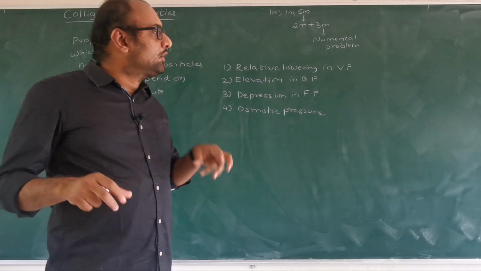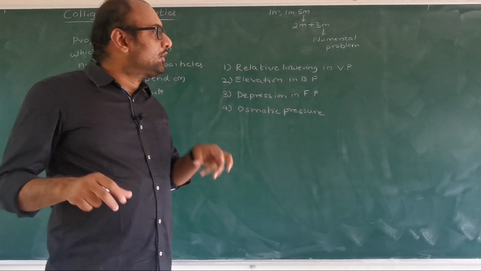It depends on the number of solute particles only. So again remember, relative lowering in vapor pressure is equal to the mole fraction of solute. So the colligative property will only depend on the number of solute particles present in the solution. So this is a brief derivation of the equation for relative lowering in vapor pressure.